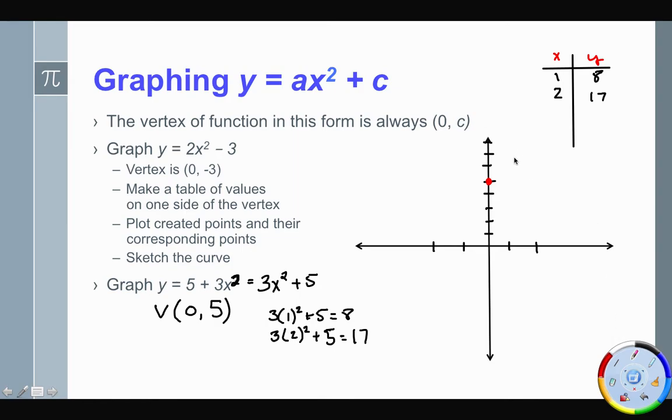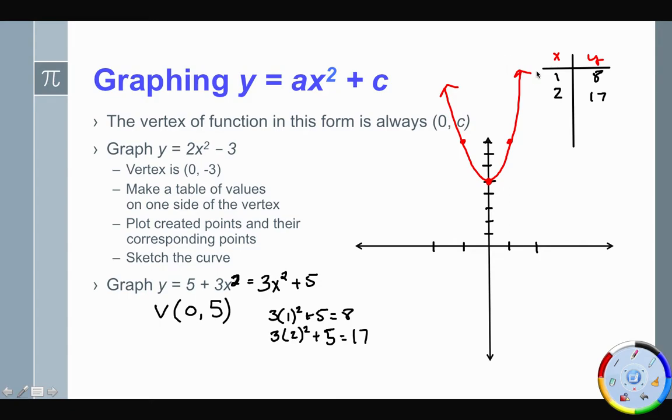All right, so at the point 1, x equals 1, I'm at 8. Oops, that's 7. At 8. And at negative 1, because of the reflection, I'm also at 8. And we're going to go ahead and connect these because we know it's a parabola shape.